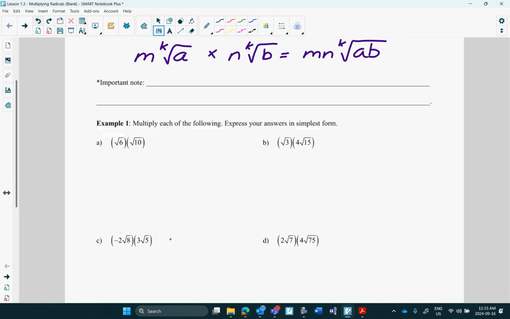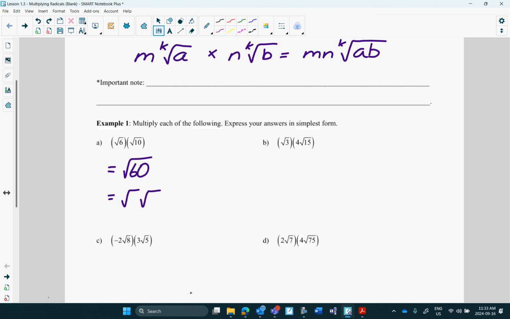What is root 6 times root 10? Root 60. Can it be simplified? Yes. What can we break it down to? 60 is... 30 and 2.